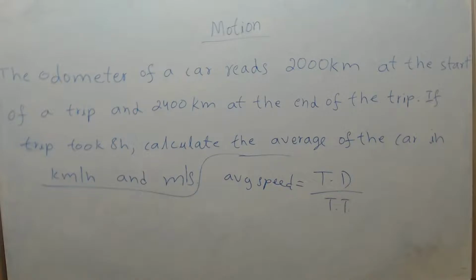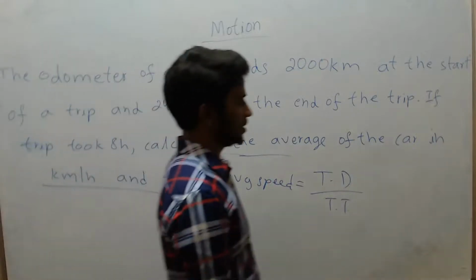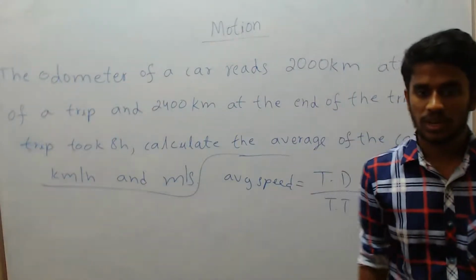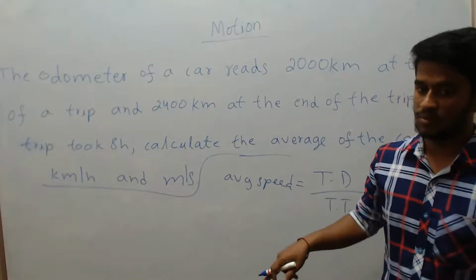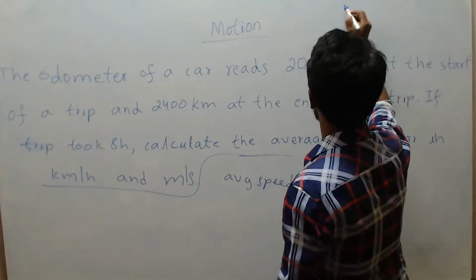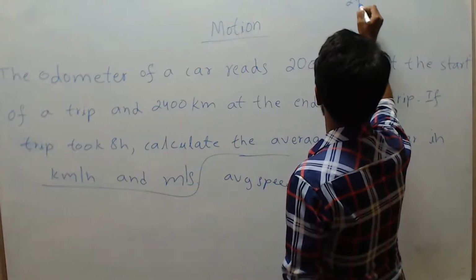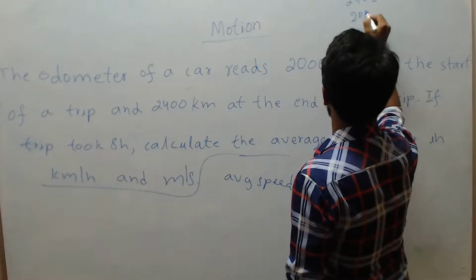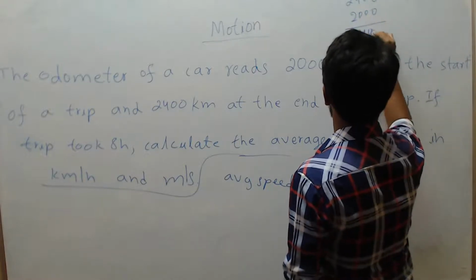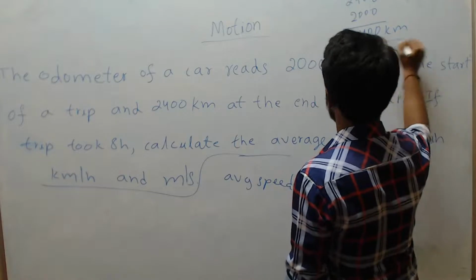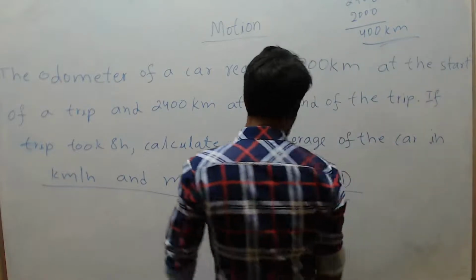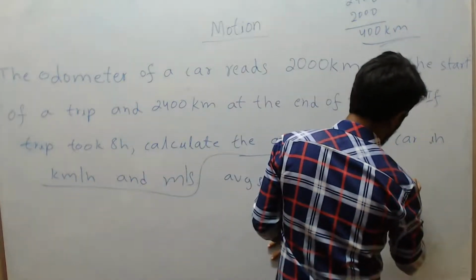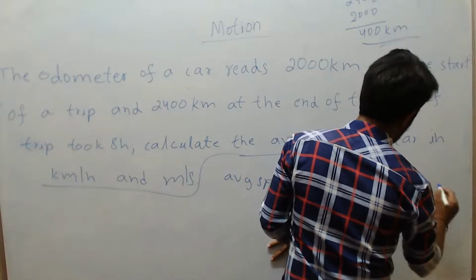At the end of the trip, 2400 kilometer. So the distance traveled by that object is 400 kilometer, because at the end 2400, initially 2000.